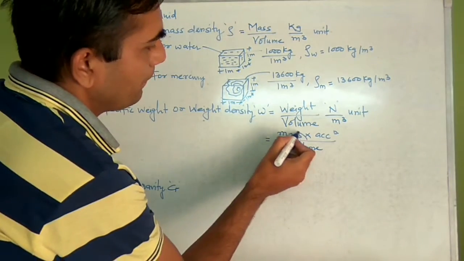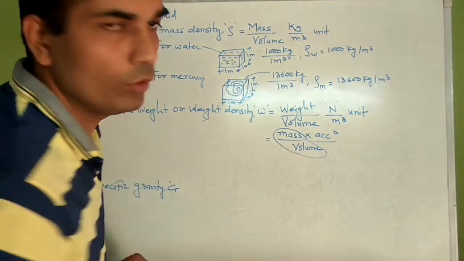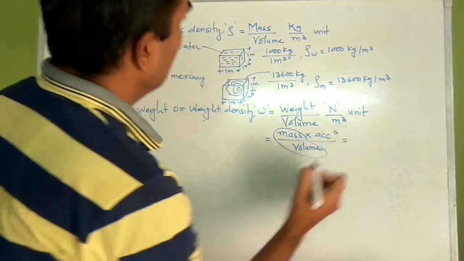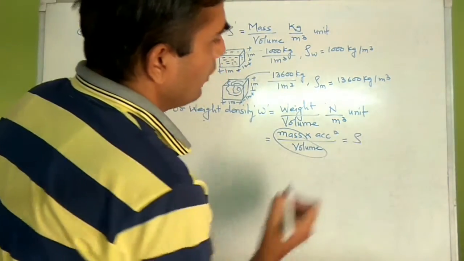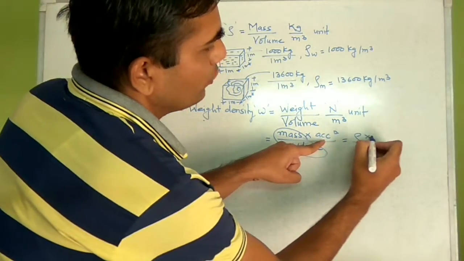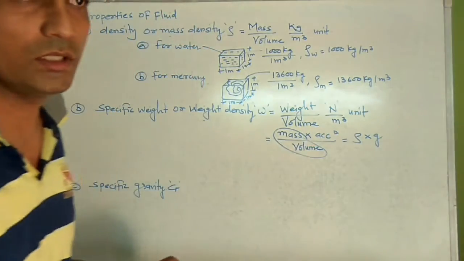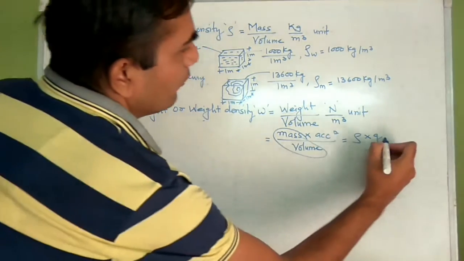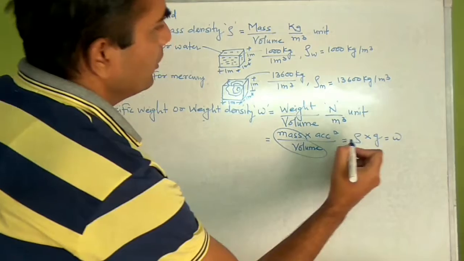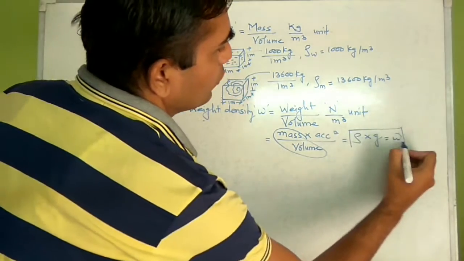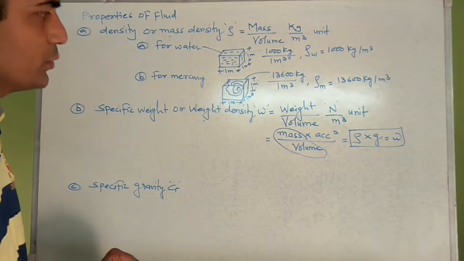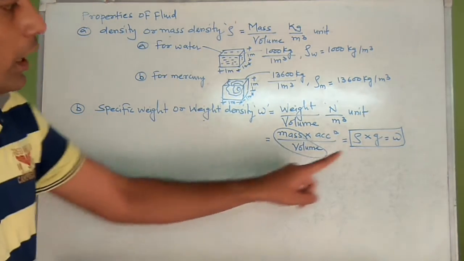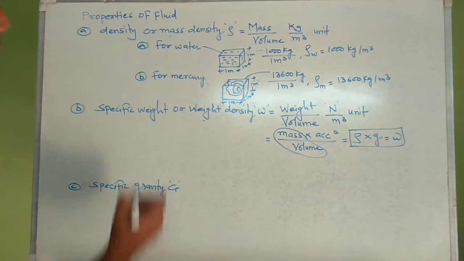If we separate out mass divided by volume, that is nothing but density, that is rho, multiplied by acceleration due to gravity, we may write it as g. So we are having the formula, that is small w, specific weight, is equal to rho multiplied by g. Now how to calculate the specific weight?